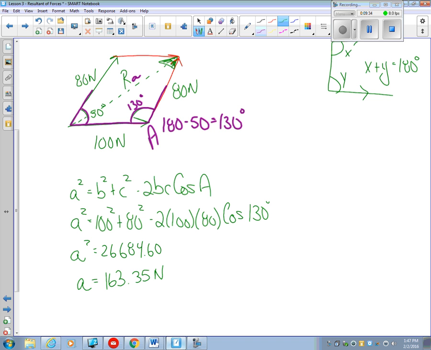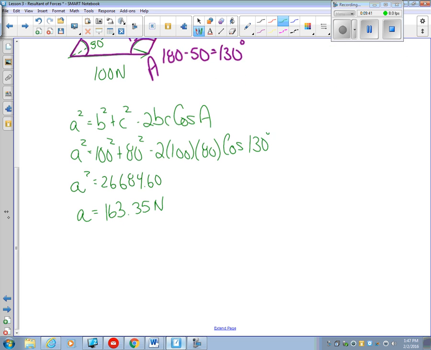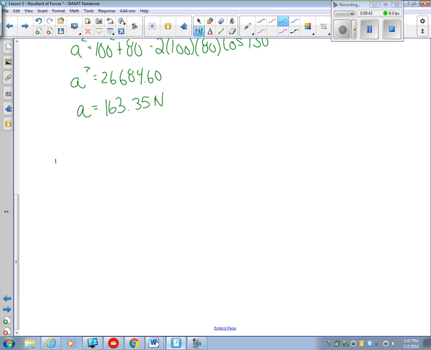There's the magnitude of our resultant. In part B, sorry to write this down, the magnitude of 163.35 newtons.